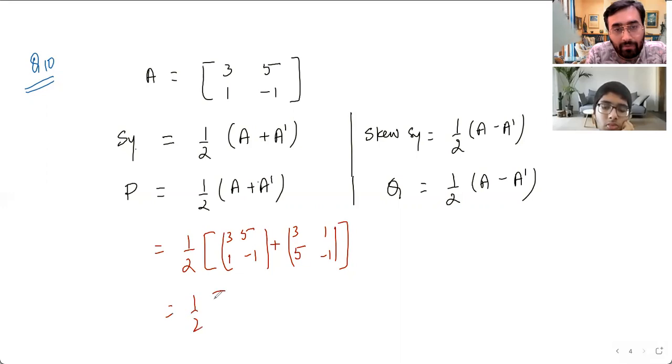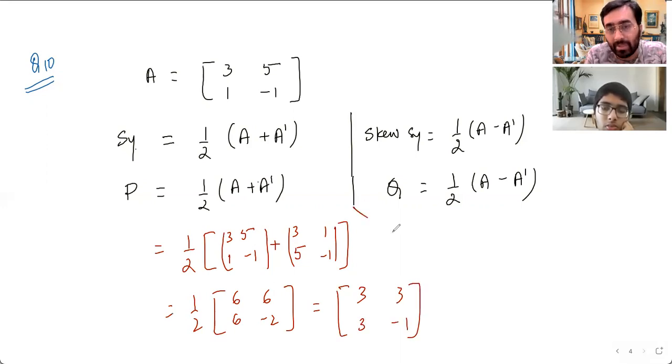So it will be half of 3 plus 3, 6, 5 plus 1, 6, 5 plus 1, 6, and this is -2. Now divide by 2. So this is 3, 3, 3, -1. This is the symmetric matrix you got.